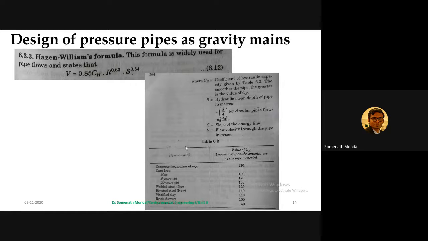So I will discuss a few example problems which are conventional, like design problems where you can utilize all the parameters and components. But most of the time, you will see different types of questions coming in the competitive exam.